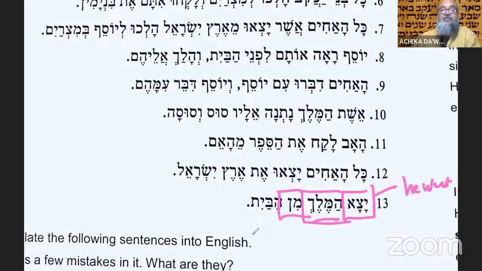And this is our preposition min. Because it has a mem on the front of it, what does it tell you? What does mem mean on the front? It's a word. This is an actual word, but we know the mem represents a preposition too. So this is easy to remember. What does a mem represent for a preposition? Just a letter by itself. What does it mean? From. Okay. And then you've got from what?